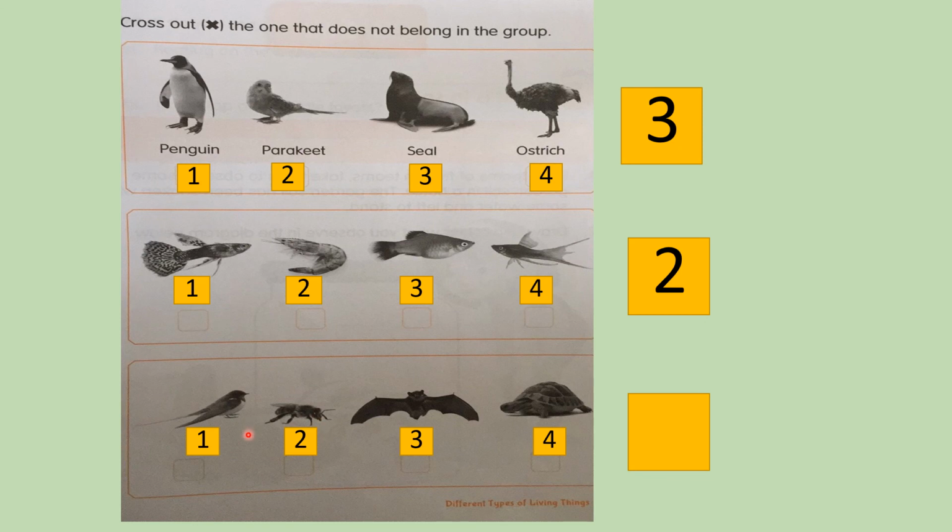So, we have here bird, bat, and then a turtle. As we can see, all of these, 1, 2, 3, all of them can fly. But this turtle cannot fly. Okay, so what is the answer? Number 4. Okay, understand, students?